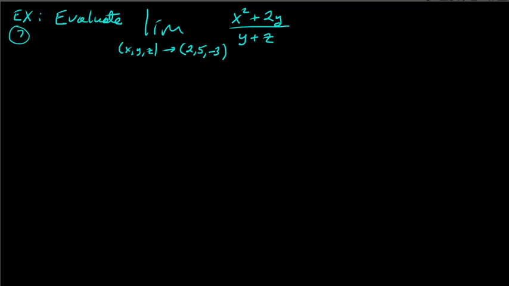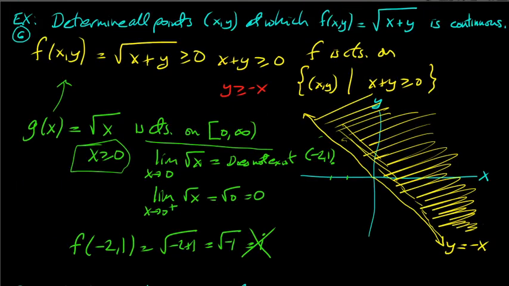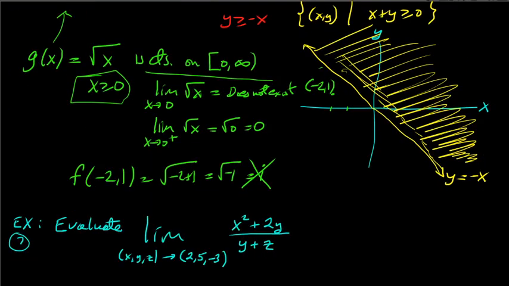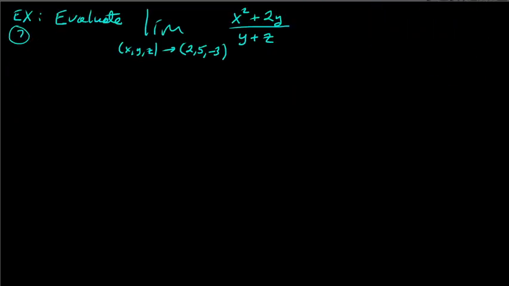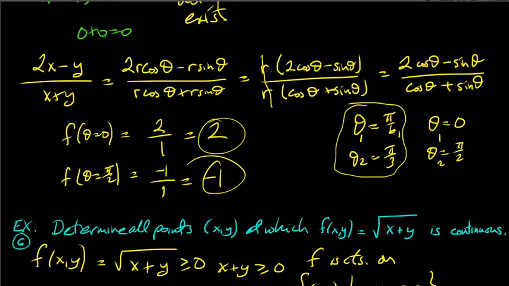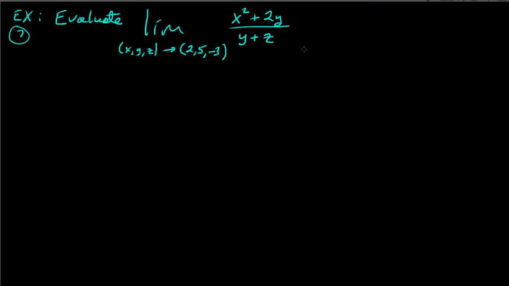So we've been talking about limits for functions of 2 variables. Here's a function of 3 variables, x, y, and z. More or less, all these same rules apply, whether they're functions of 2 variables or 3 variables or 4 variables. Everything applies. And so we have another rational function.